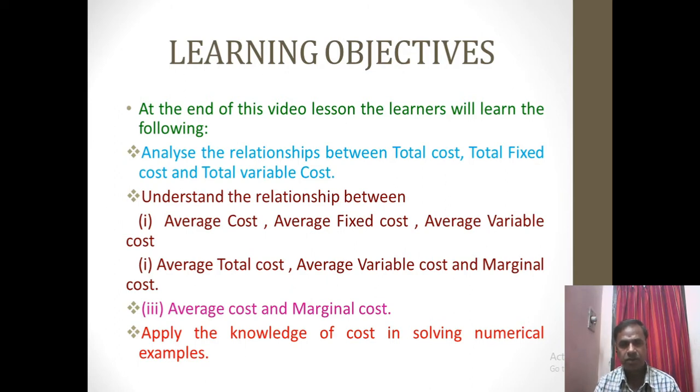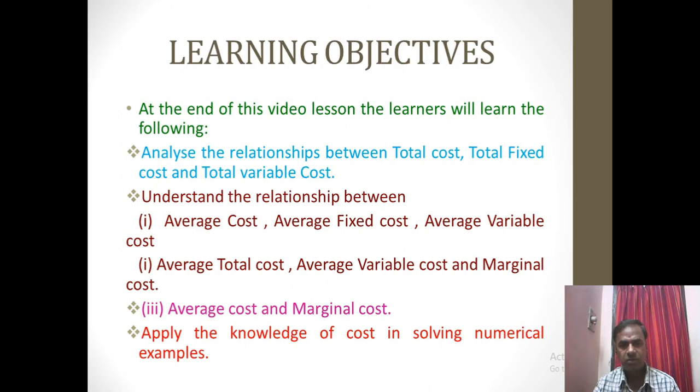The shape of average fixed cost is downward sloping and it is a rectangular hyperbola. Then average variable cost is obtained by dividing the total variable cost by the quantity of output. Average variable cost is a U-shaped curve.